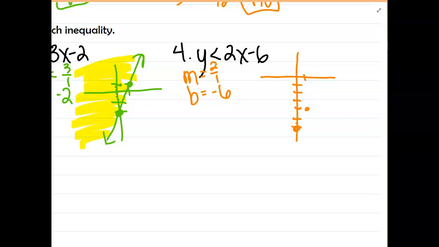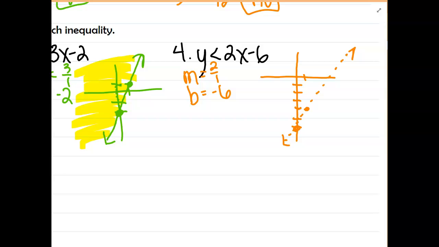Now, before you connect your line, I know it's really tempting to just go ahead and connect it from there. But in this one, see how it's just a less than? It's not an equal to. The points on this line, they're not part of my solution set. So if I use a solid line here, that's not accurately showing my solution set. So I have to use a dotted line here. And the dotted line is going to tell me that it's kind of just a boundary line.